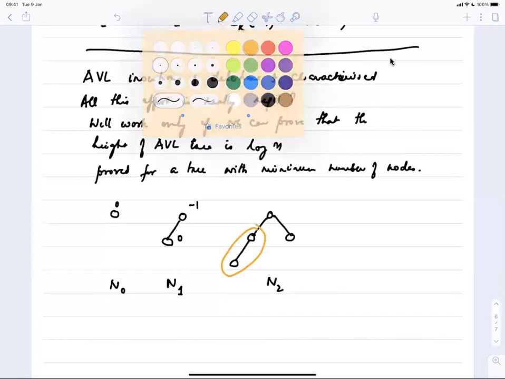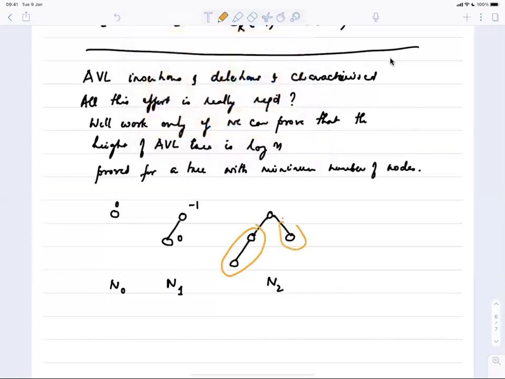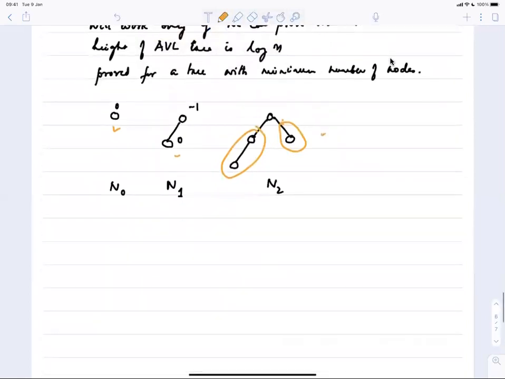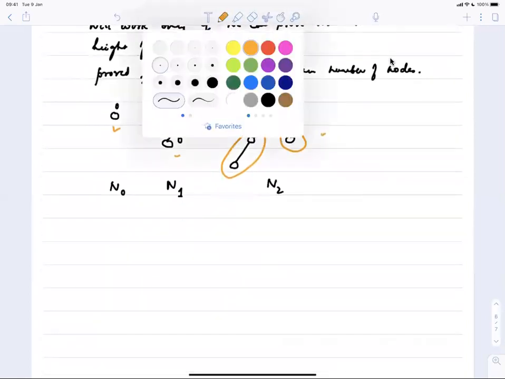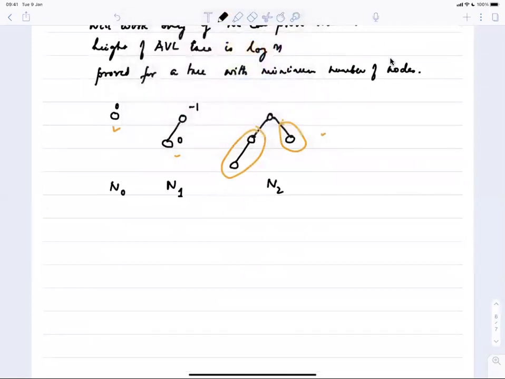Notice that we just took the tree of height 0, put it here, and the tree of height 1, put it here. Similarly, I can make a tree of height 3 by taking, this is one AVL tree. I'm just constructing from one side. You can construct from both sides. I mean, you can have the mirror image without any problem.